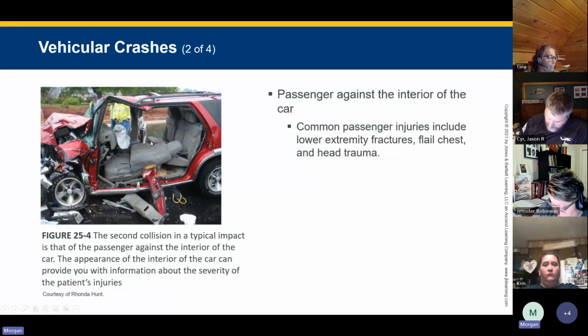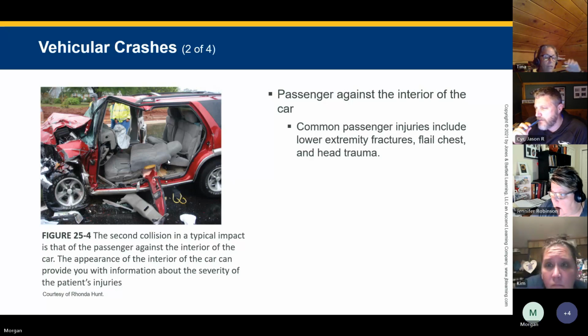So I guess this person got T-boned by the looks of it. What injuries would you think would be sustained for this one? For this patient? Well, the seat is slid all the way up underneath the dash, so I would definitely think feet, chest. Oh man, everything pretty much.